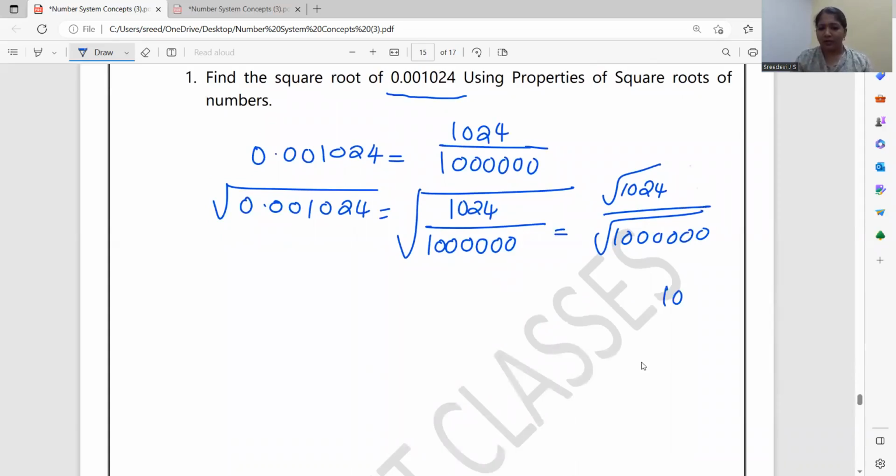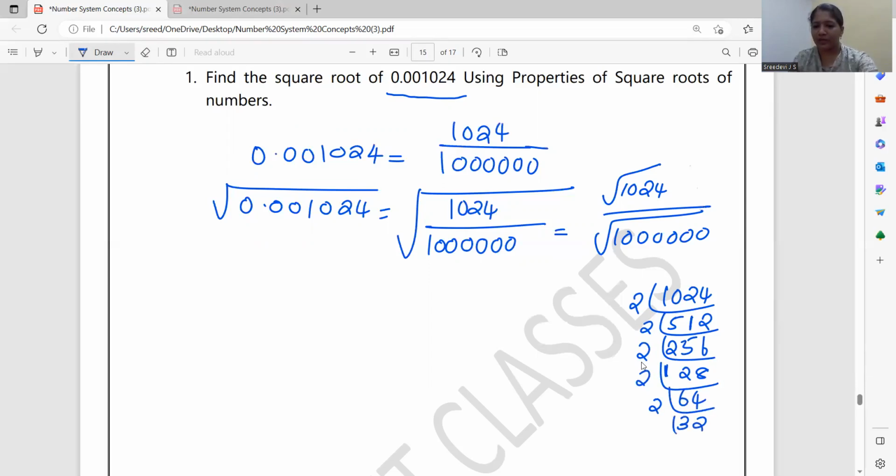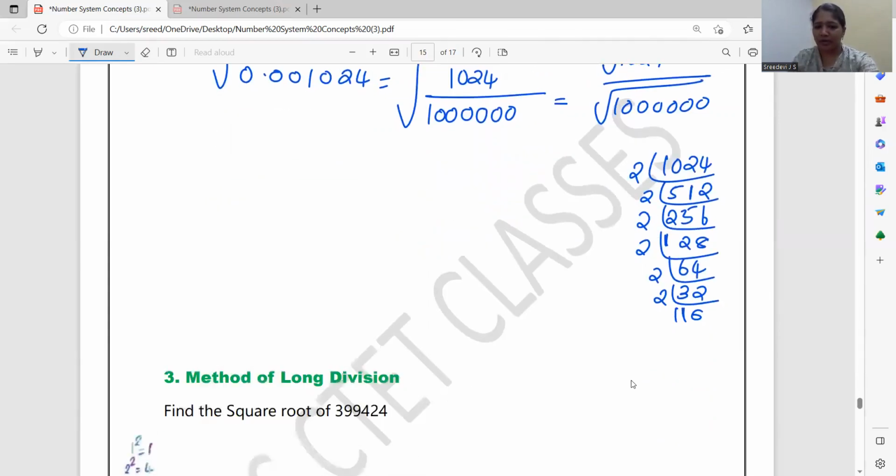If you use prime factorization, 1024 divided by 2 gives 512, again by 2 gives 256, again by 2 gives 128, dividing by 2 we'll get 64, again by 2 you'll get 32, again by 2 you'll get 16, then dividing again by 2 you'll get 8, dividing by 2 again you will get 4, then again by 2 you'll get 2.